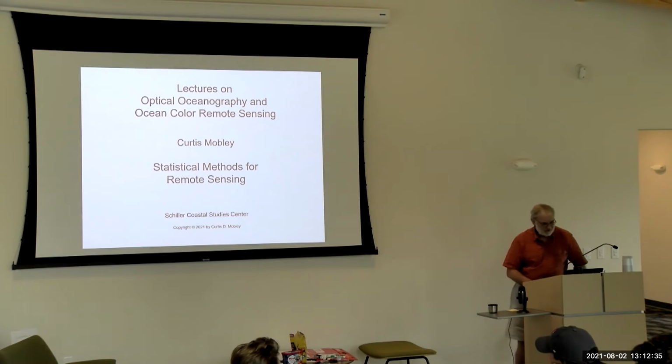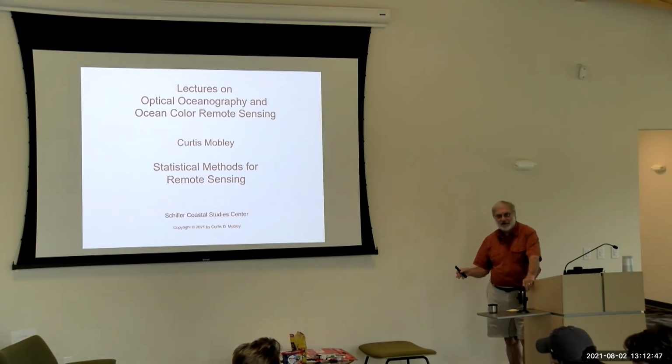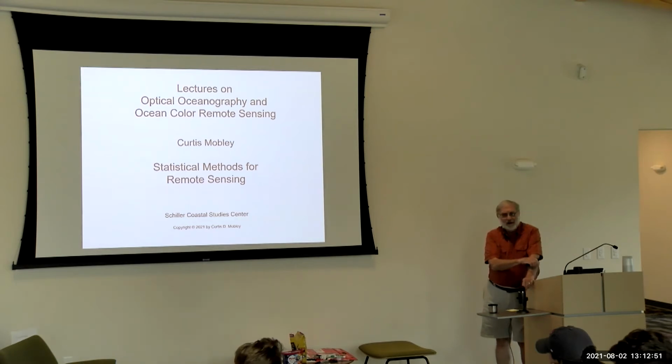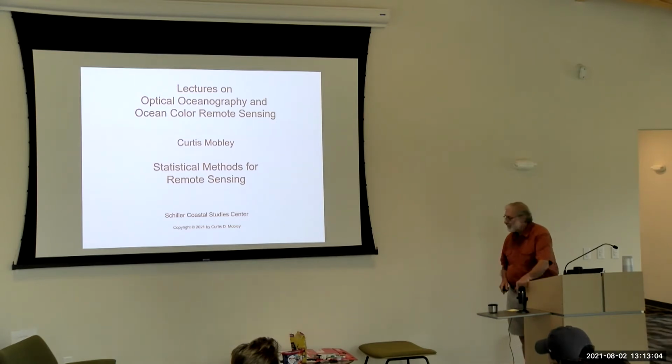So now this week we'll talk about how do you take that reflectance spectrum at the sea surface after you've atmospherically corrected and got rid of all the bad stuff like aerosols and absorbing gases and sun glint and all of that. How do you take that spectrum and now extract something that you're interested in, like the chlorophyll or the absorption at 400 or the bottom depth or whatever it happens to be?